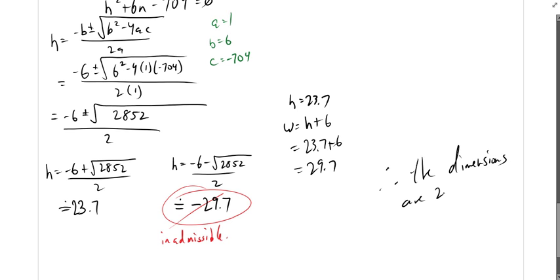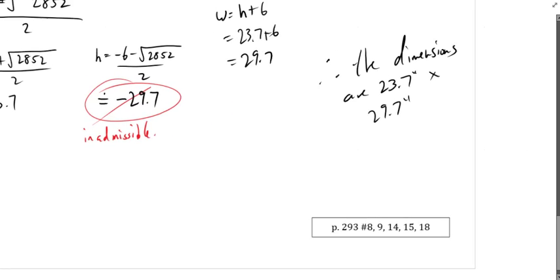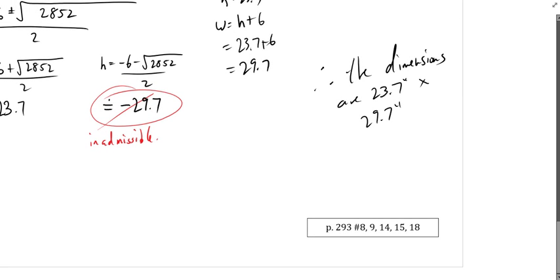So the dimensions are 23.7 inches by 29.7 inches. In the real world, those measurements would absolutely be rounded, so it makes perfect sense that it doesn't work out exact.